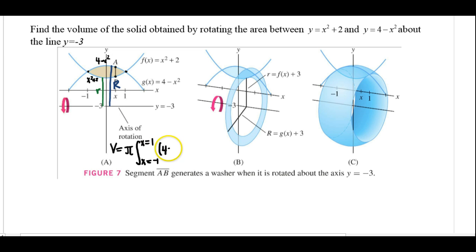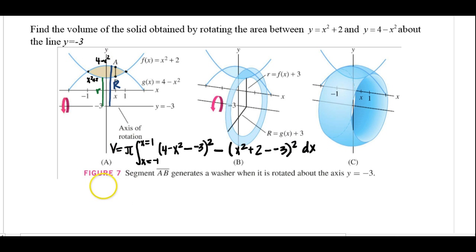So 4 minus x squared, so that's top, minus the bottom is -3. So minus -3, squared. So there's big R squared, minus, and then little r is top minus bottom, so x squared plus 2, minus the bottom is -3, squared, dx.